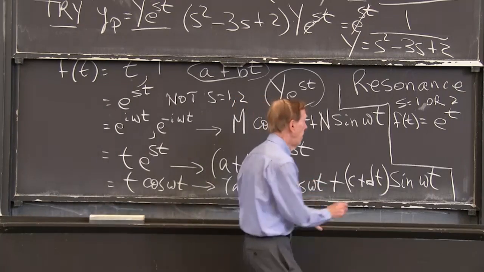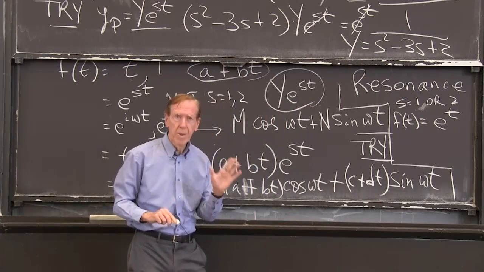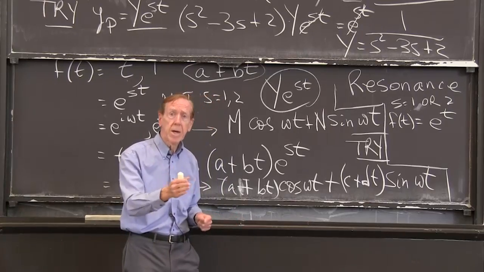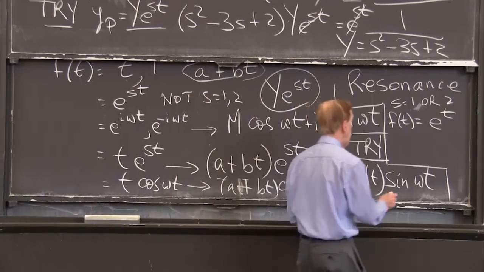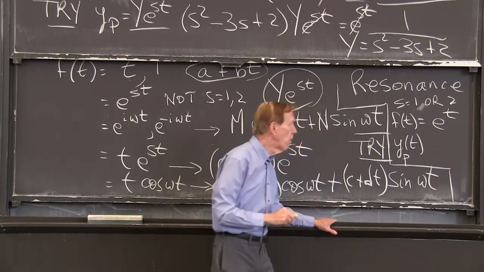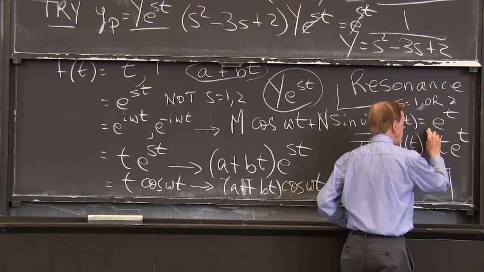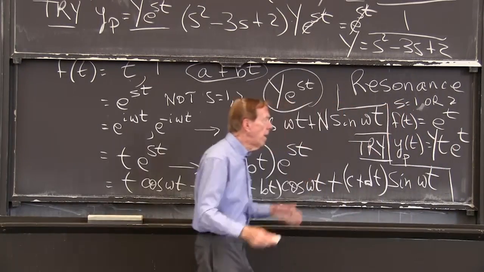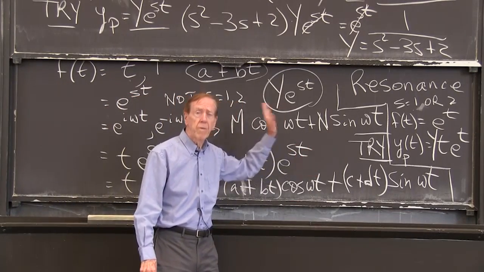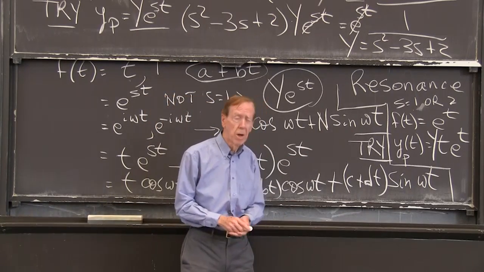So what do I try? Everybody knows what happens when there's resonance, when you have this doubling up. You need an extra factor t to rescue. So you would try y of t, this is the particular solution I'm looking for. You would try t e to the t with a capital Y, and you would plug that in. You would find the right number for capital Y, and you'd have the particular solution.